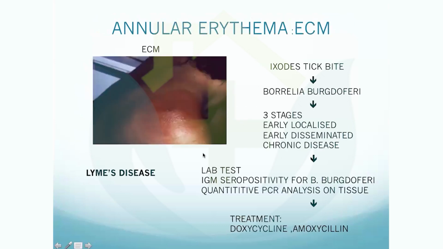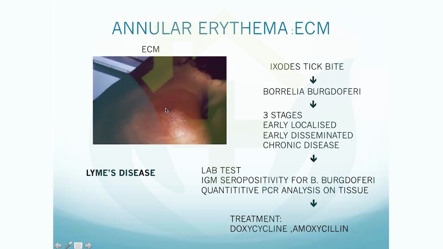These are classically known as annular erythemas: erythema annulare centrifugum, erythema gyratum repens, erythema chronicum migrans, and erythema marginatum. Erythema chronicum migrans is associated with an Ixodes tick bite and is caused by Borrelia burgdorferi. It has three stages: early localized, early disseminated, and in the third stage, chronic disease, arthritis and neurological manifestations. Usually it presents as an enlarging erythematous patch, more than 5 centimeters being significant according to CDC criteria.